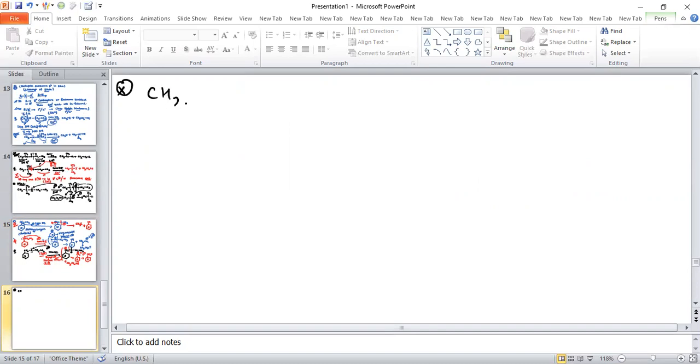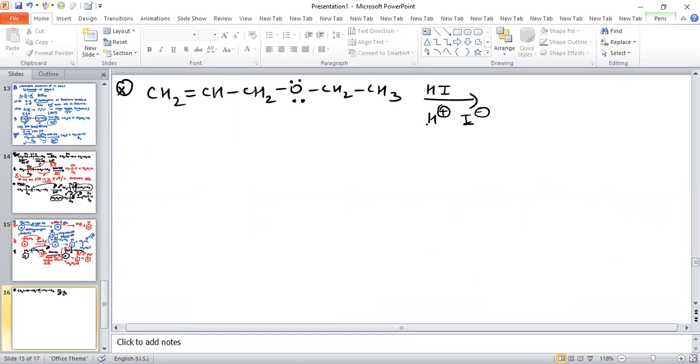So the question is CH2 double bond CH, CH2, O, CH2CH3, and there is addition of HI. We know H plus and I minus, so H plus will attack on the oxygen atom. After the attack on the oxygen atom it will form CH2 double bond CH.